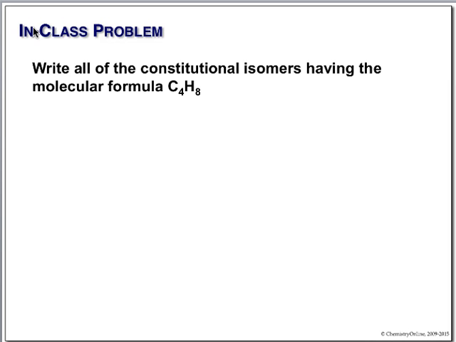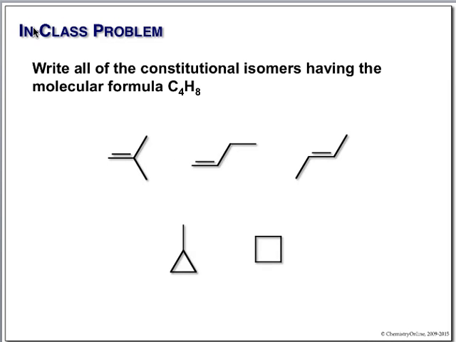Well, here's what I got. We were at CnH2n, so we're dealing with a double bond, right? So we take our 4 carbons, stick a double bond on the end. Now remember, if we put it on this end, it'd be the same compound, wouldn't it? Just flip it around.